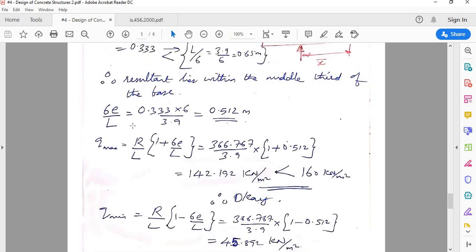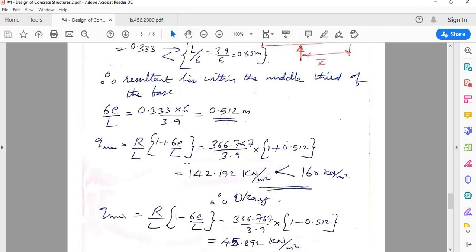It is simple: R by L, force by length, into 1 plus 6E by L and 1 minus 6E by L. If there is no eccentricity, both these terms are 0 and you will get a purely rectangular distribution where both Qmax and Qmin are same. Otherwise, for a general case where there is eccentricity, this will be different, as this is plus and minus.